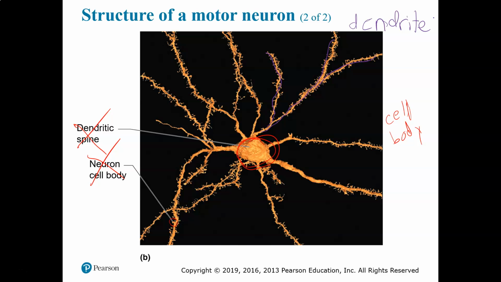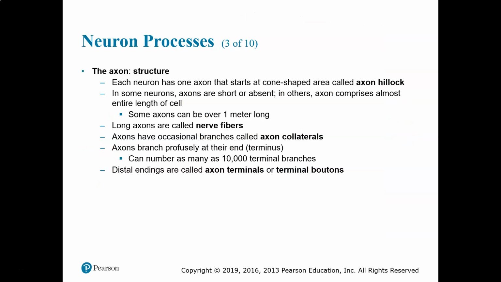Okay, sorry about that. The axon of the neuron begins with the axon hillock. That's the part that contacts the cell body. So this is where the axon begins. Some axons can be over 1 meter long. Those of you with long legs, I don't fall in that category, but my daughter does.